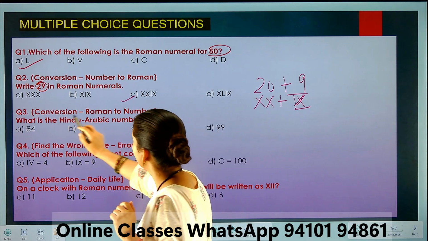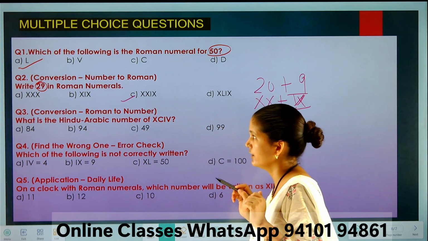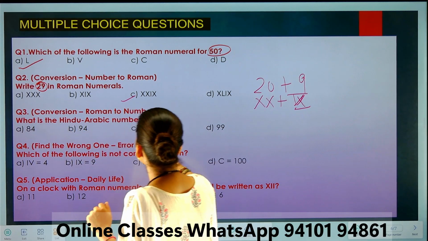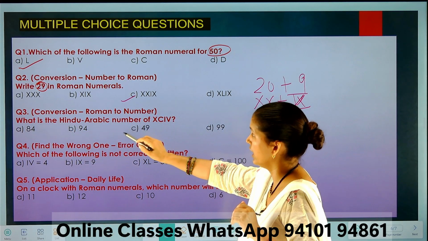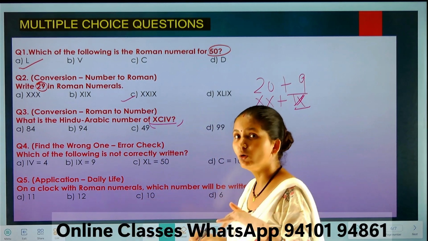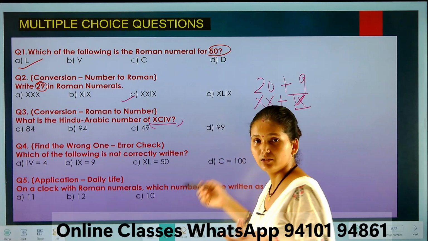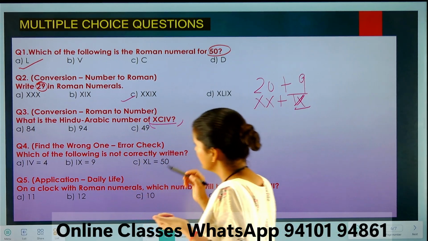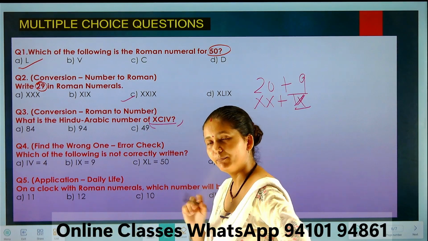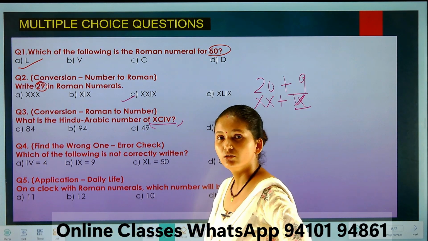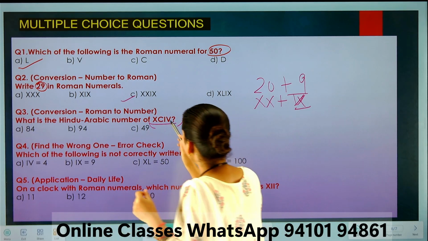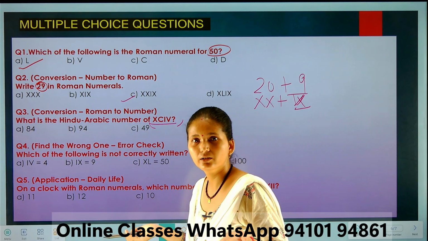Okay. Next, conversion from Roman to number. What is the Hindu Arabic number of XCIV? Here you have the Roman value and you have to convert it into Hindu Arabic. Hindu Arabic means 1, 2, 3, 4, infinite. So, XC. At first look here. Is there the subtraction rule or the addition rule? This is X, X means 10, and this is C, 100.